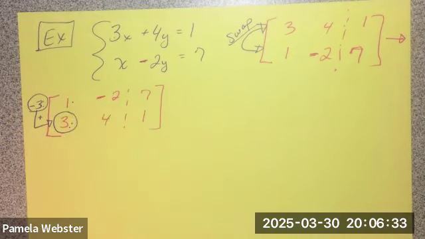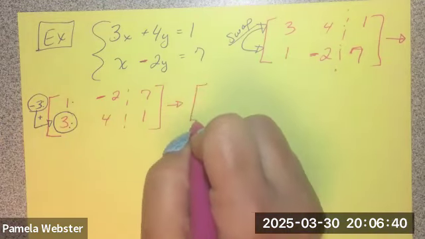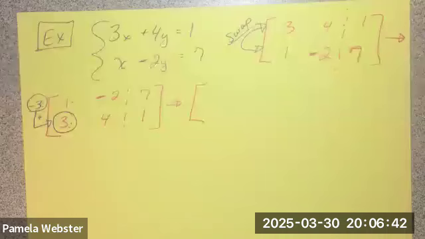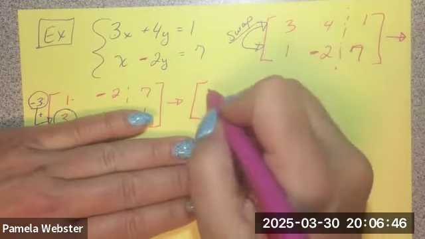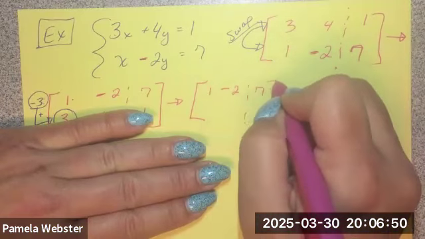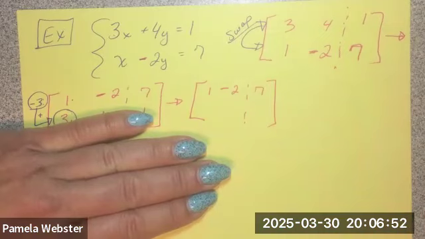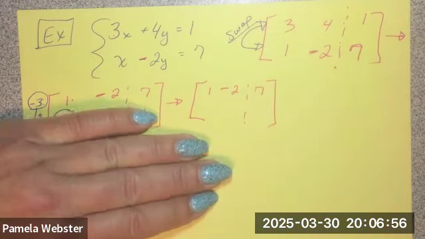Okay. Now here's the trick though. I don't want to change the top row, right? And I'm not going to change the top row. So what I highly, highly recommend is before we do this, go ahead and write down your top row so you don't forget, hey, I want that 1 to stay there. 1, -2, 7. I'm not changing the top row.